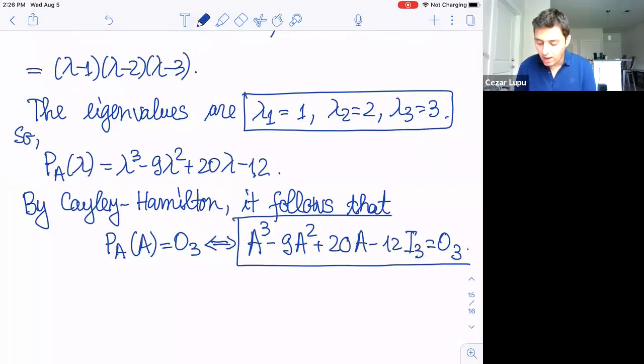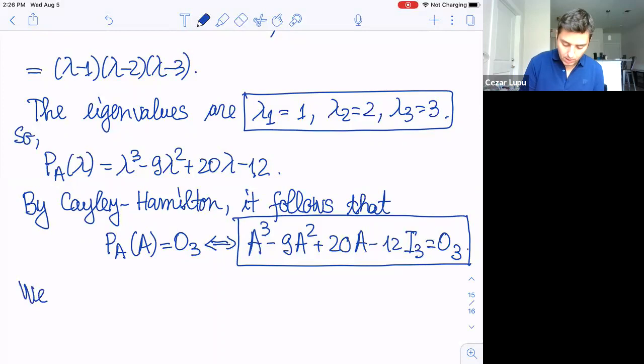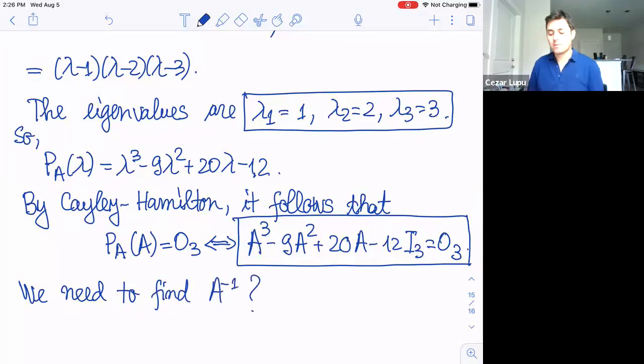And from here, we have to deduce, we have to find who A inverse is. We know that the inverse exists. So what can we do here? We need to play around with this equality here. Let's keep in mind what we need to find, A inverse.